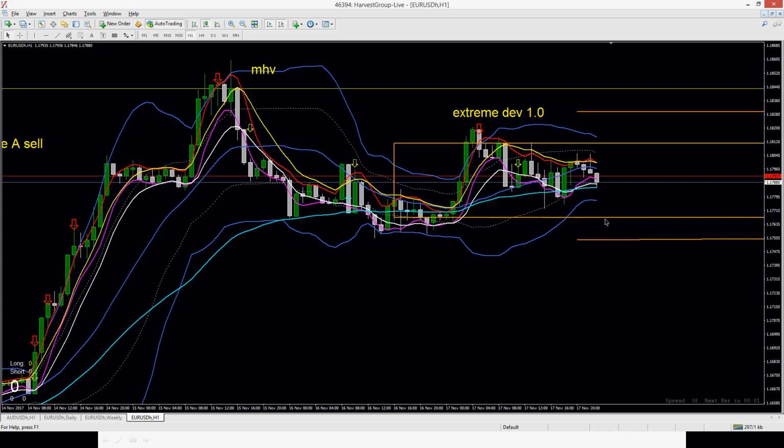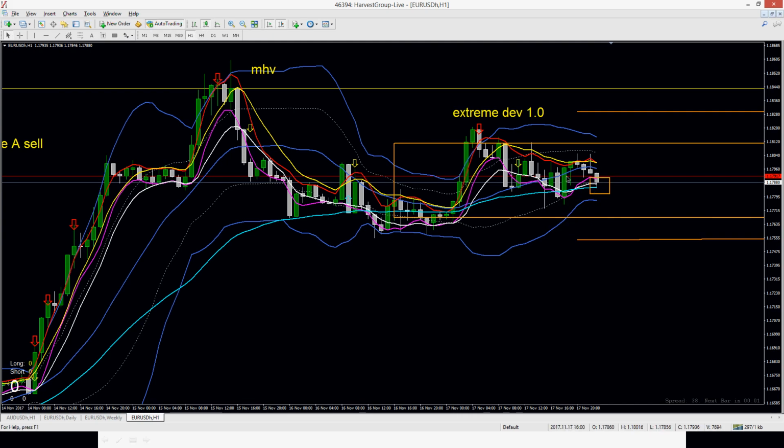The Bollinger Band is sideways, and the signals setup at the moment is an extreme A sell over here. There's no candlestick pattern as of yet, because this candle over here did not break MA5, so I will not count that in. However, over here we know that the price is at MA50.